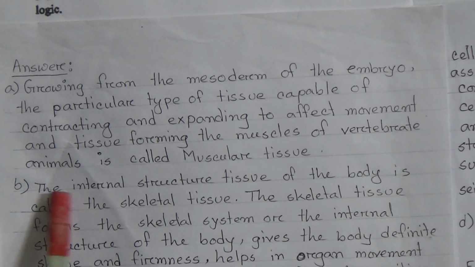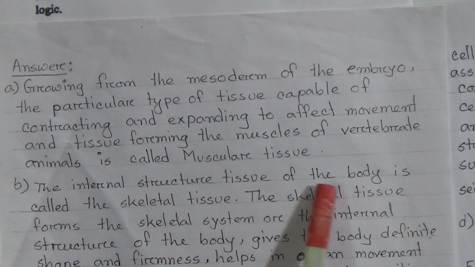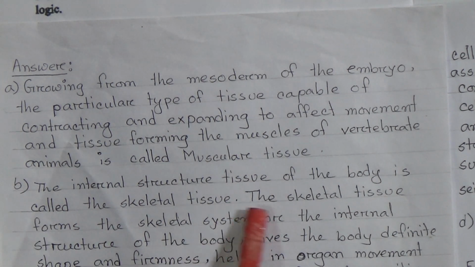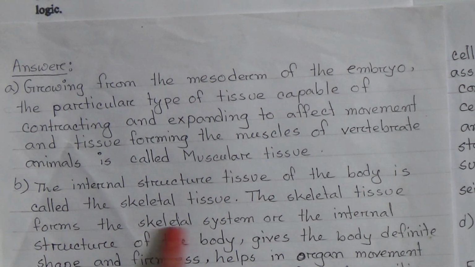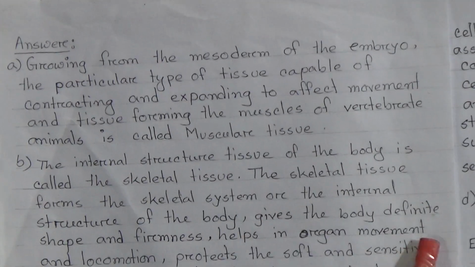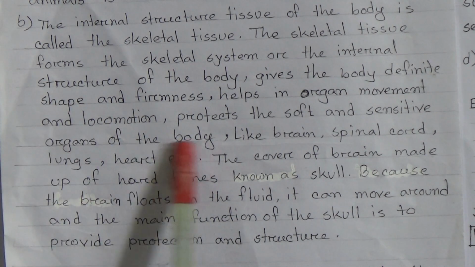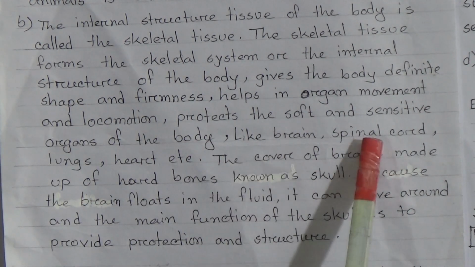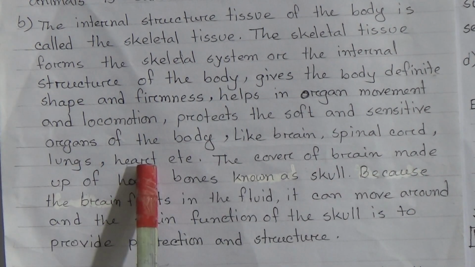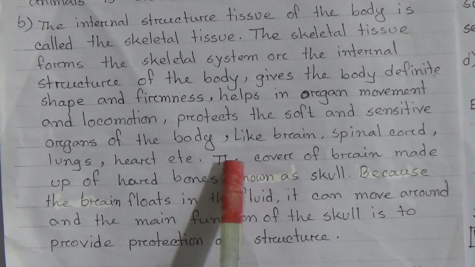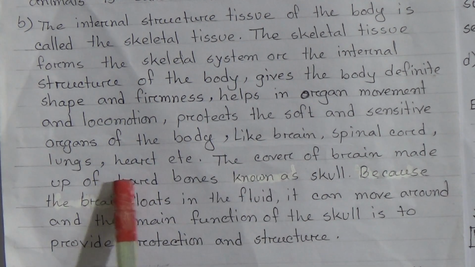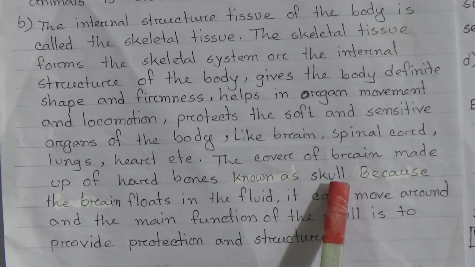The answer is: the internal structure tissue of the body is called the skeletal tissue. The skeletal tissue forms the skeletal system, or the internal structure of the body, gives the body definite shape and firmness, helps in organ movement and locomotion, and protects the soft and sensitive organs of the body like the brain, spinal cord, lungs, heart, etc. The cover of the brain is made up of hard bones known as the skull.